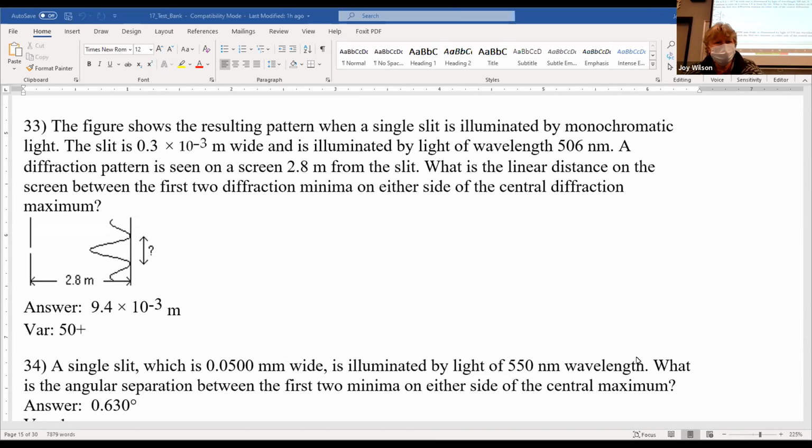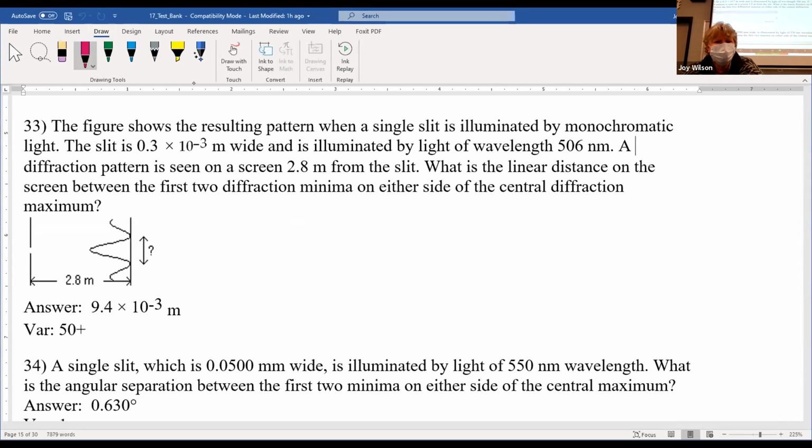The slit width is 0.3 times 10 to the negative third meters. And our wavelength of light is 506 nanometers, which is 506 times 10 to the negative 9 meters.